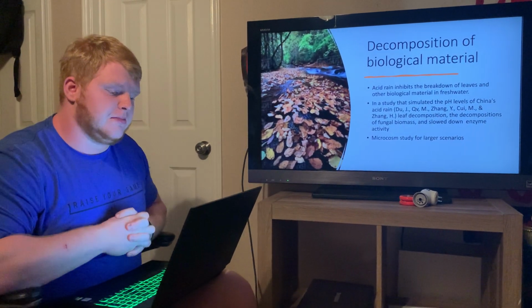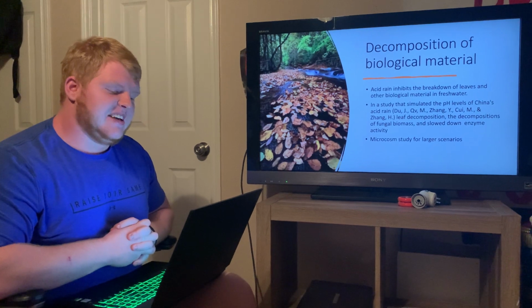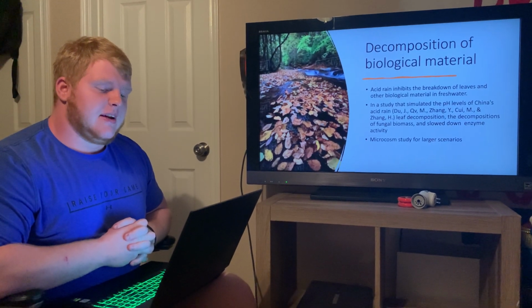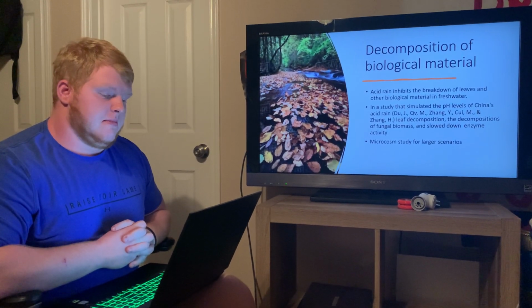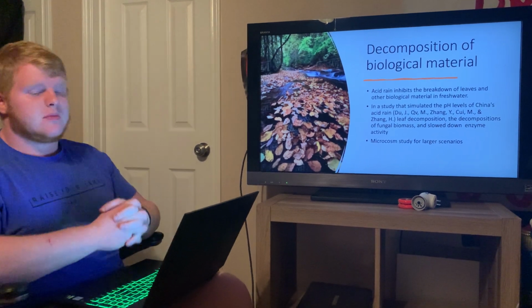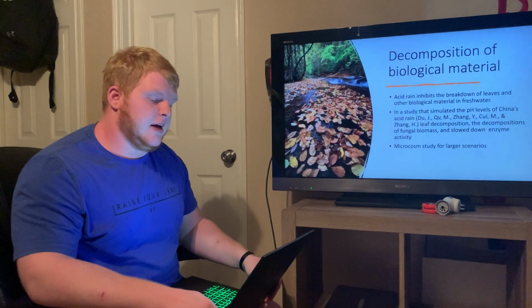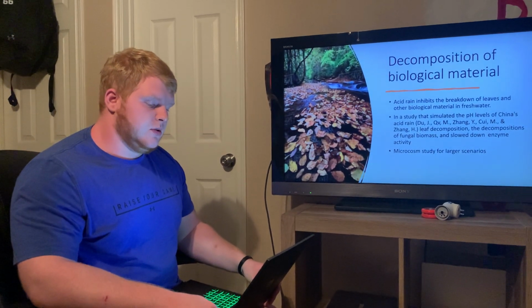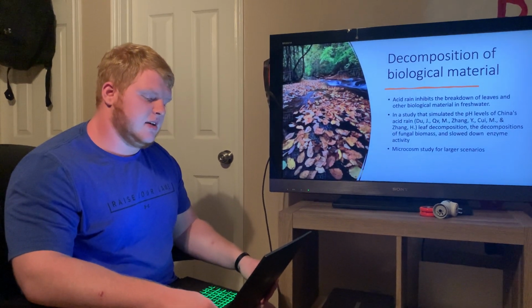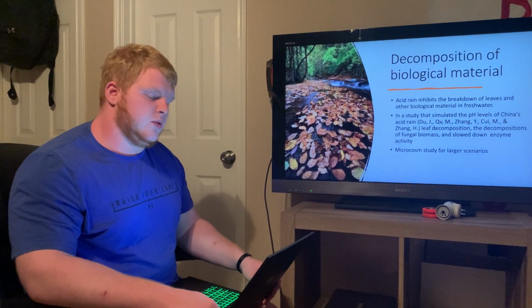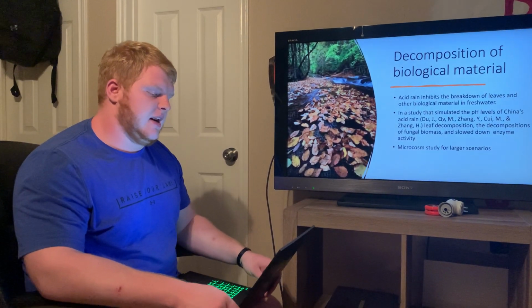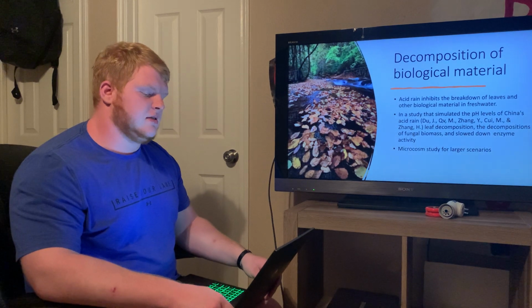Decomposition of biological material. Acid rain inhibits the breakdown of leaves and other biological material in freshwater. This was discovered in a study done by J. Du, M. Zhang, Y. Ku, and H. Zhang.